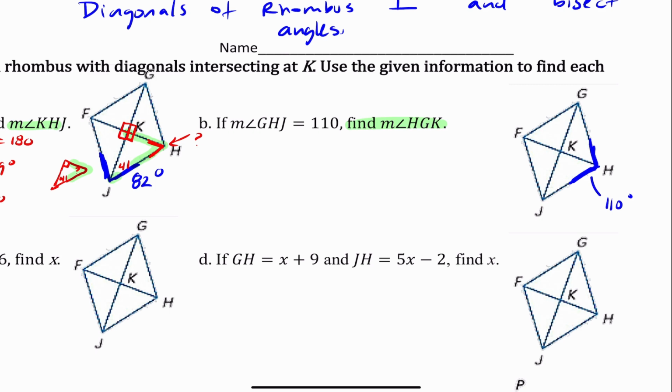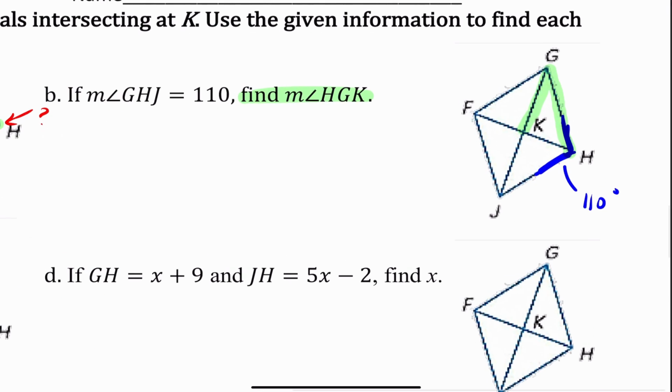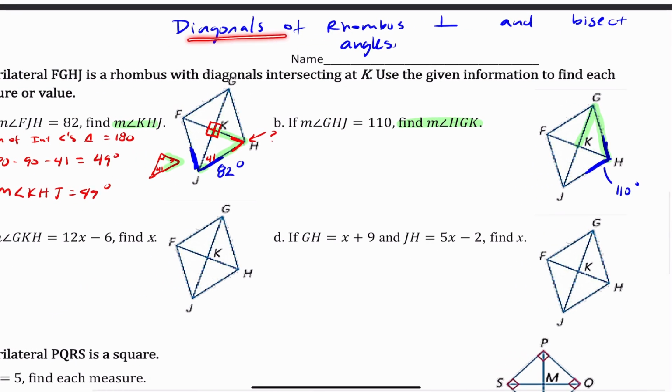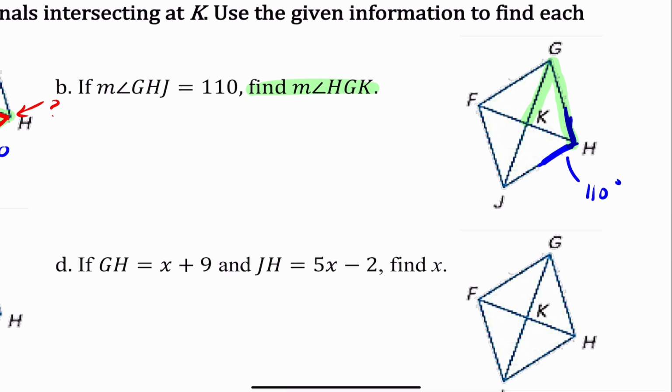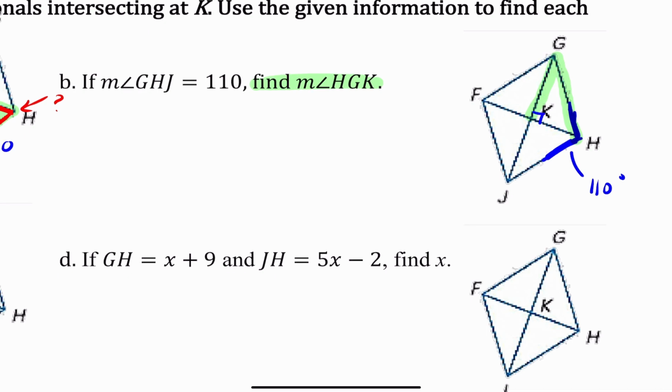So where's HGK? Well, the same idea. I know that the diagonals of a rhombus are perpendicular and they bisect angles. So I can go ahead and draw a 90-degree angle for that one. And maybe I can draw a 90-degree here as well if I wanted to.